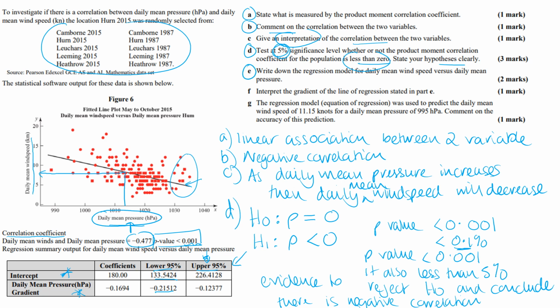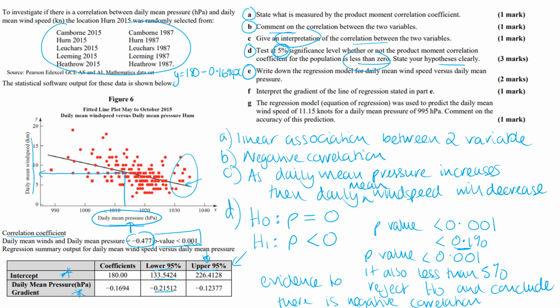Okay, part E, write down the regression model. So this means just write down the regression line. So the regression line, well, we've got the y-axis intercept of 180. So in terms of y equals mx plus c, y is equal to, now when you're doing the regression line, you have the y-axis intercept first. It's 180 minus the gradient, which is minus 0.1694 x.